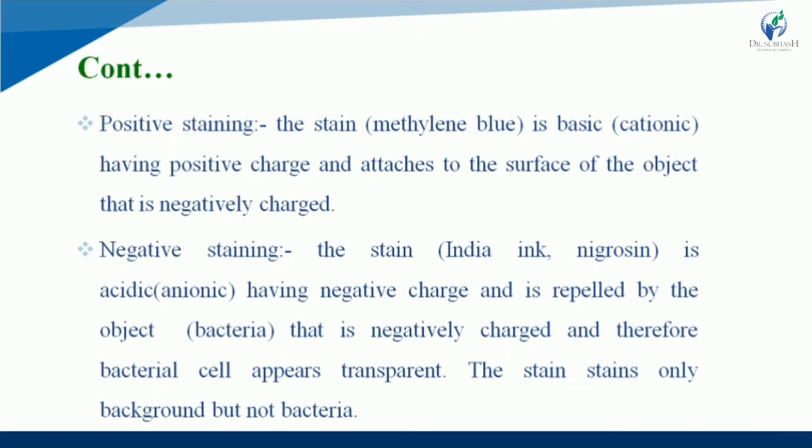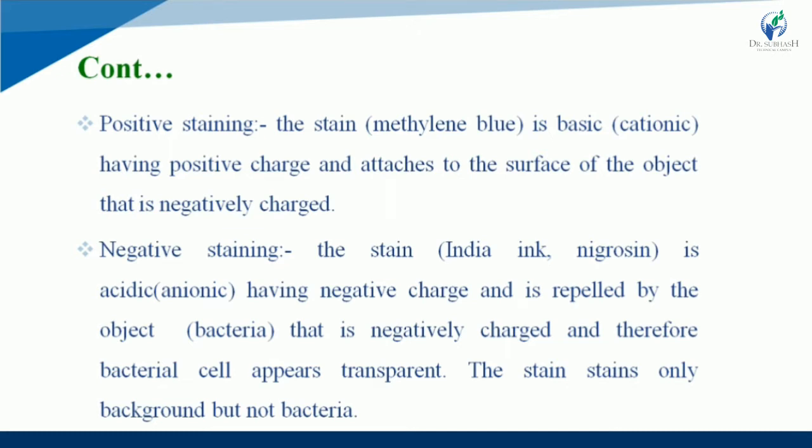So, staining has two types. First one is positive staining and next one is negative staining. So in positive staining, for example, methylene blue stain is basic in nature and cationic. That means methylene blue has a positive charge.